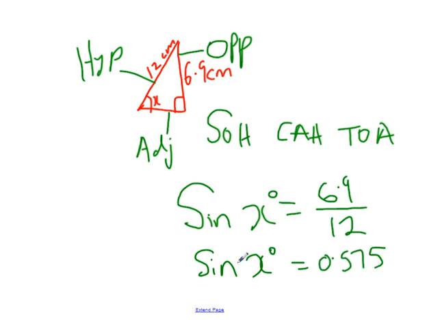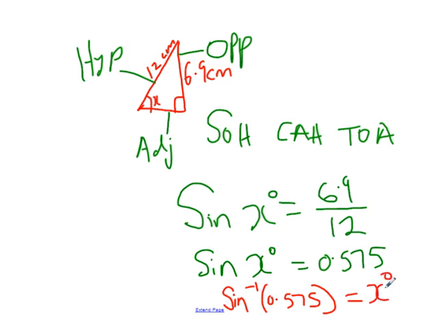Now to find x degrees, we've got to use what we call the arc sine. Arc sine is written like this: sine to the exponent -1, and then we put the 0.575 in there. Whatever this is, that is what our x degrees will be.